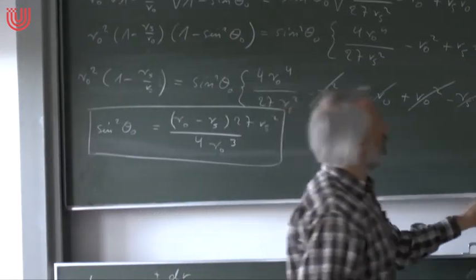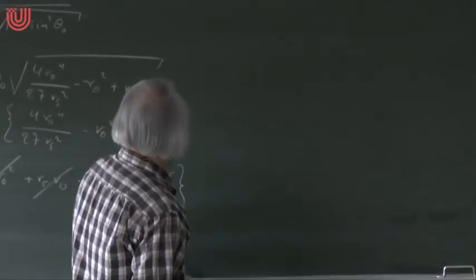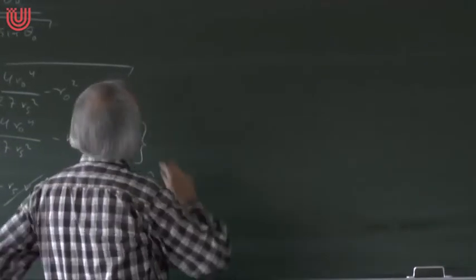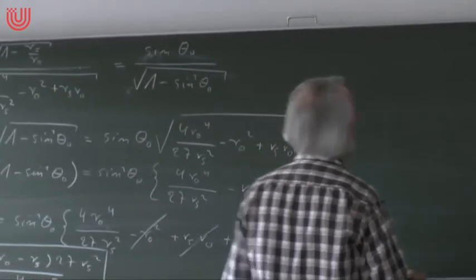So if you plot this, these famous diagrams with the escape cones, which you can find in many, many books. For instance, in Chandrasekhar's book on black holes, you find a picture of this sort.